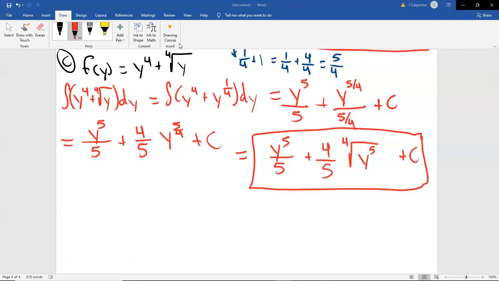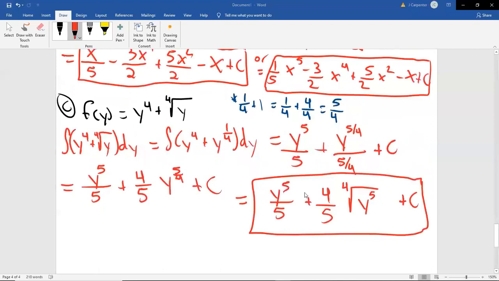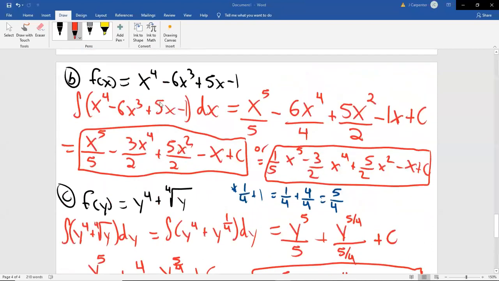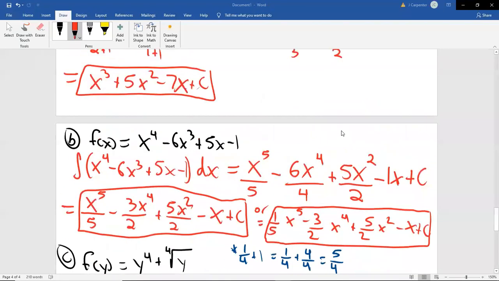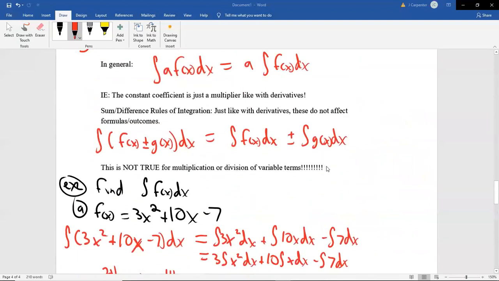So again, the pluses and minuses don't really affect the outcome of an integral. Constants in front of variable terms don't really affect the outcome of an integral. But we said earlier that for multiplications and divisions, there's no product rule and no quotient rule.